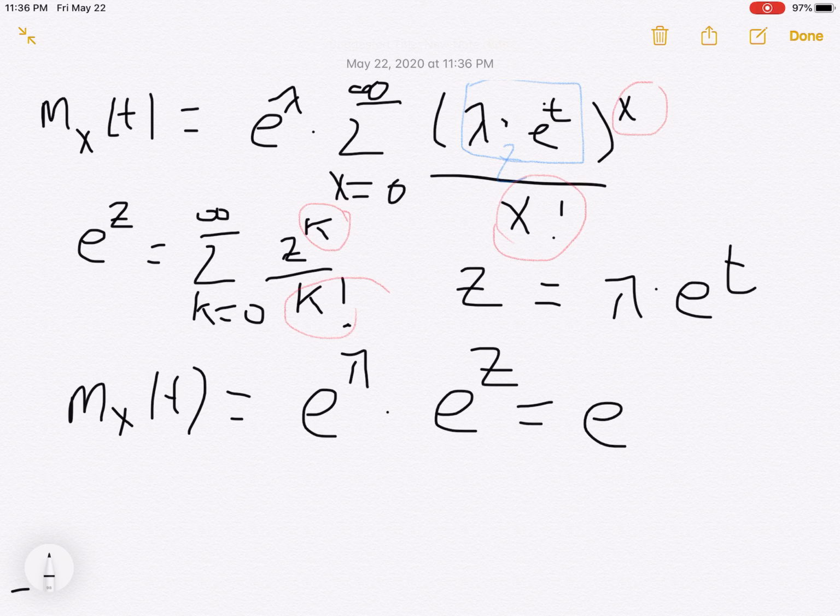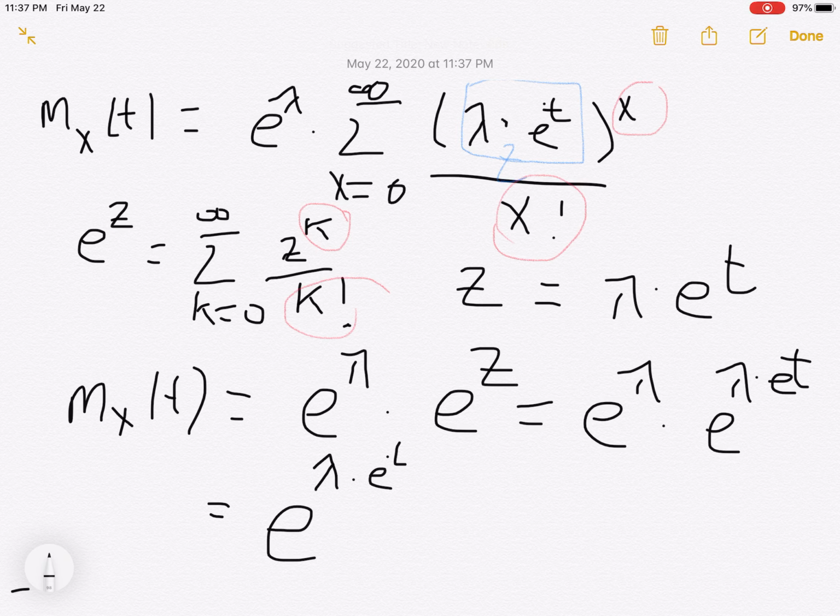So this is e to the minus lambda times e to the lambda times e to the t. That's by the Taylor series for e to the z. And I can write this one more time and combine exponents: e to the lambda times e to the t minus lambda. Okay, and that is my moment generating function right here.